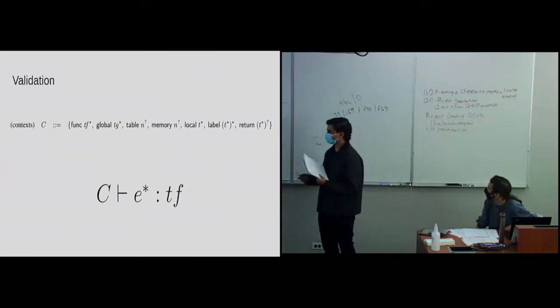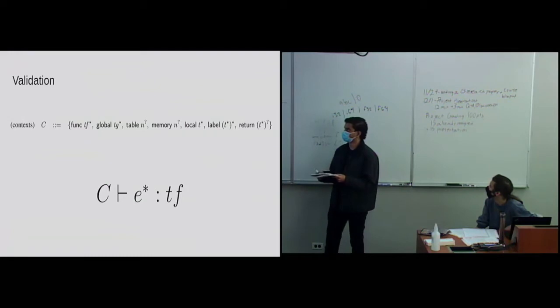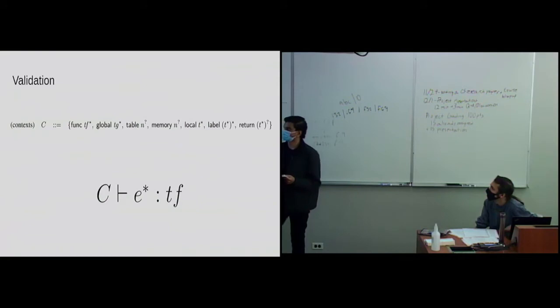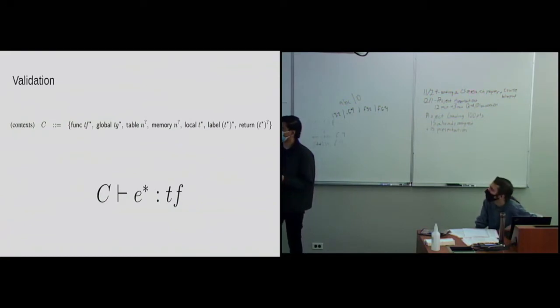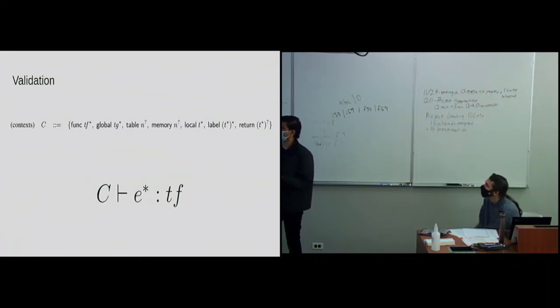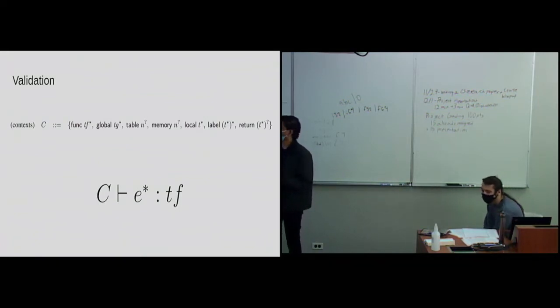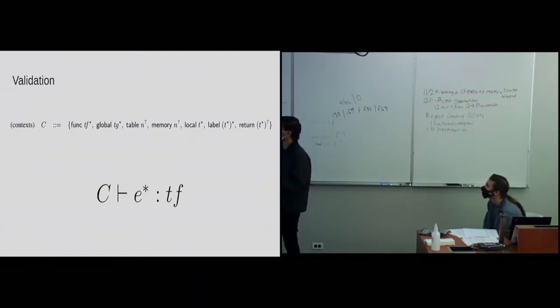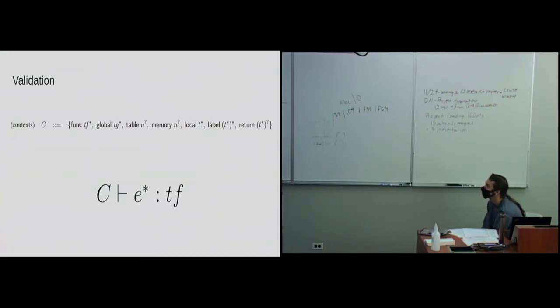So in the type checker, there's a context called C, which contains the list of function types, the list of functions, the list of globals, the function table if it's been defined, the memory if it's been defined, the list of locals, and then a sort of stack of labels, and then the return type for a function if it's been defined. And then there's a judgment in the type checker that pretty much states that an instruction E under context C has a type function.